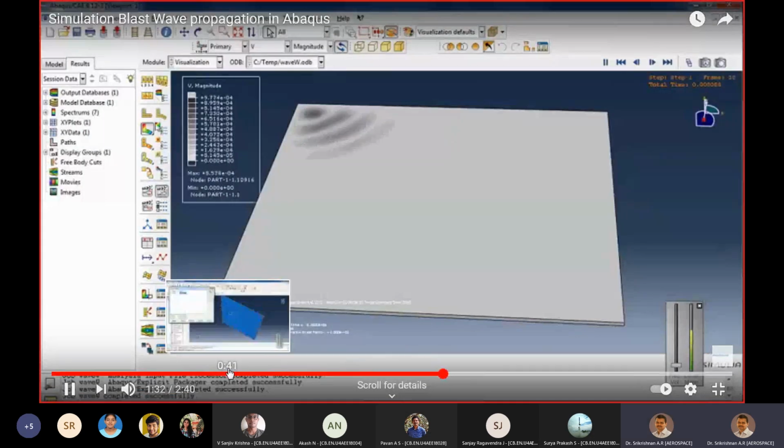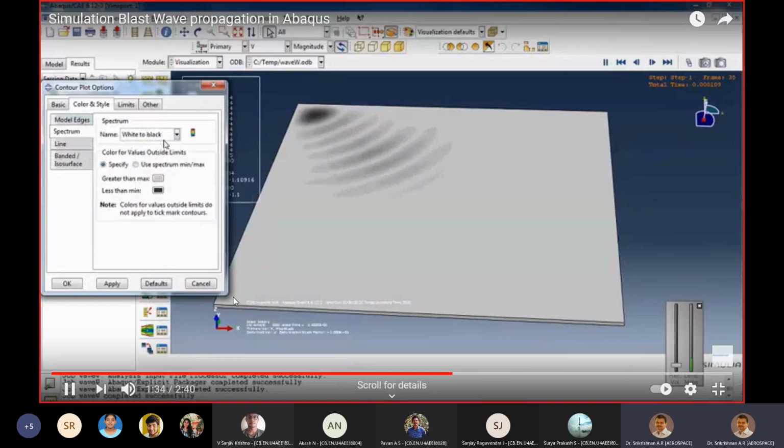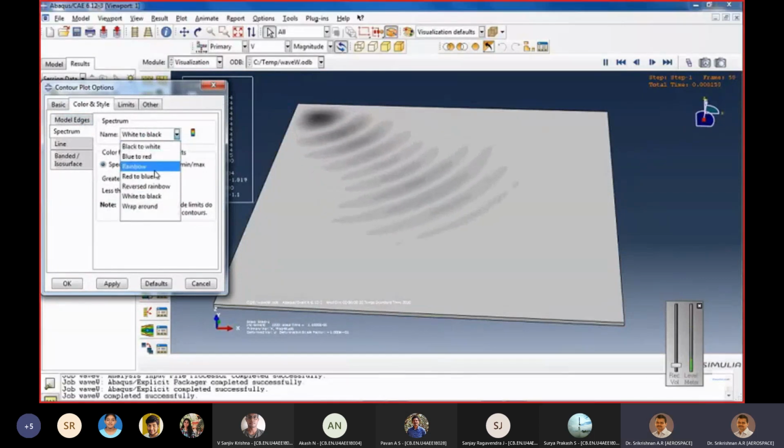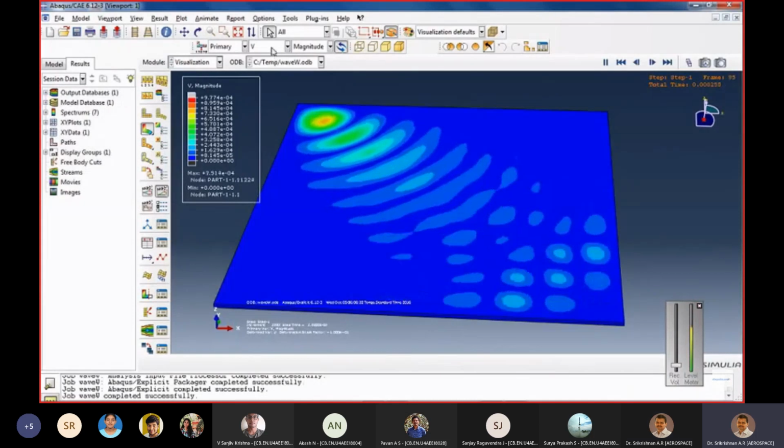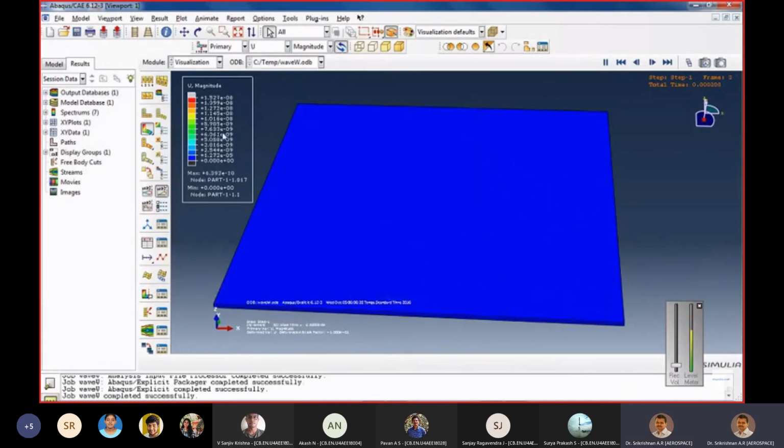Yeah, just look at that. That shows the simulation of pressure waves emanating from a center, that is from that corner. You can see that, right?